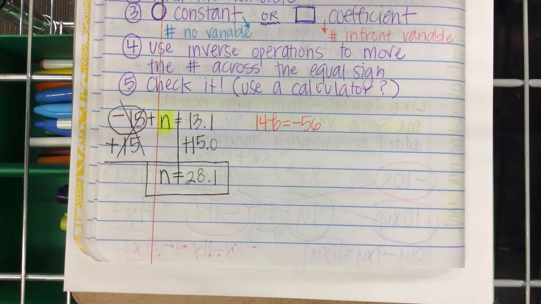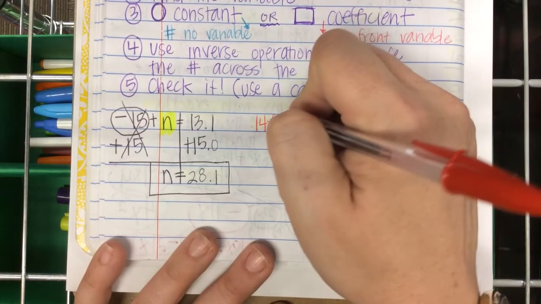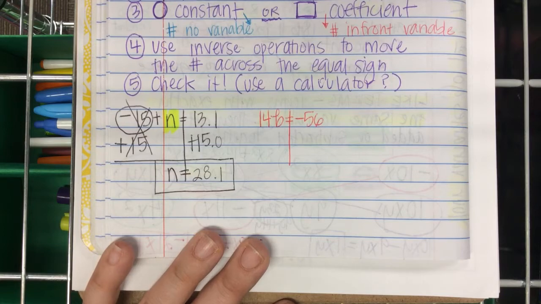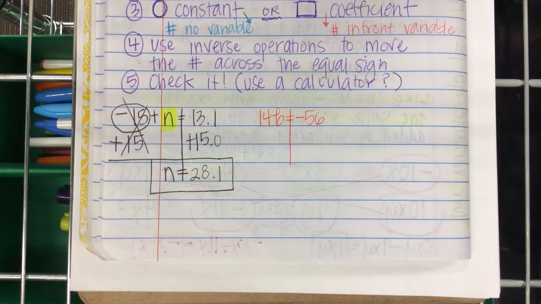Negative 14b equals negative 56. Step 1, draw a line. Done. Step 2, find the variable.